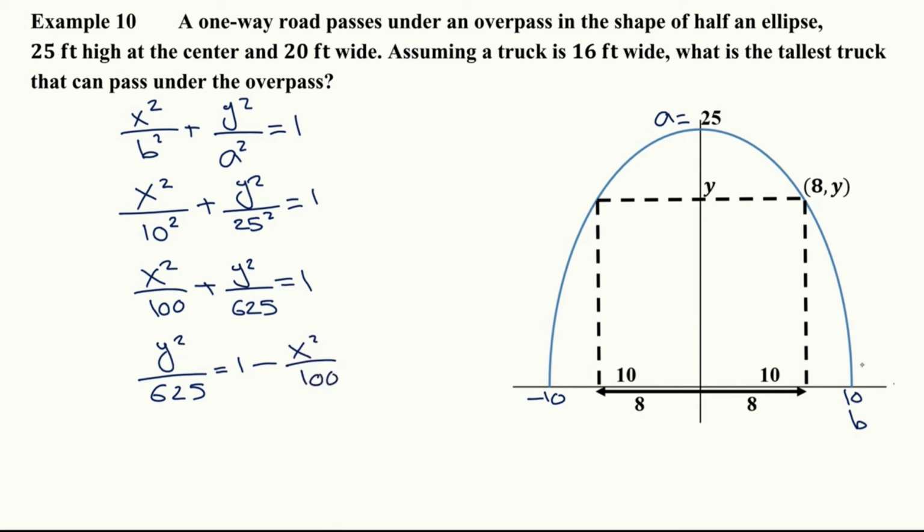So multiplying both sides by 625, we get y squared is equal to 625 minus 625 x squared over 100. We'll go ahead and reduce this to make the numbers a little bit nicer.